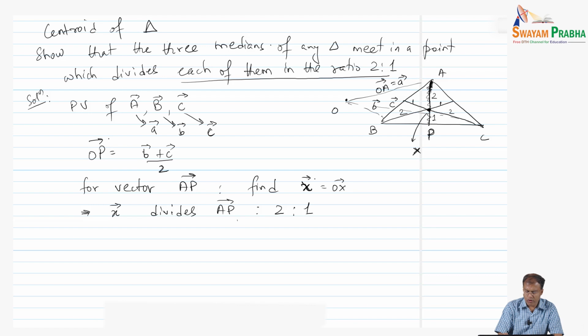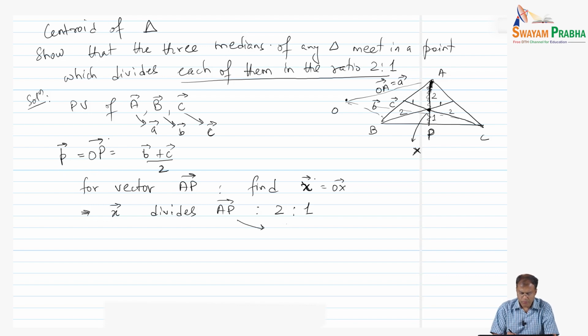So we are again going to use the result that my position vector x is given by, let me call OP to be denoted with vector small p. So notice my notation is, all my points are denoted by capital letters and all my vectors are denoted by small letters.